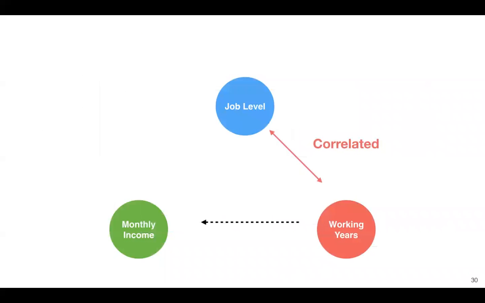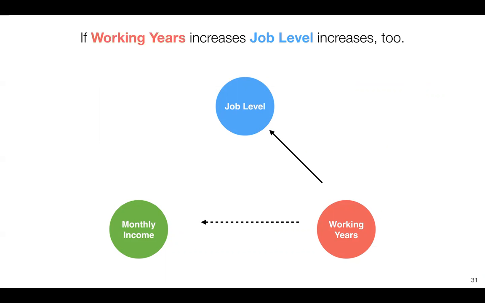So if you draw some kind of diagram, it becomes something like this, right? Working years, job level and monthly income, and job level and working years are correlated just like we saw. So when the working years increase, the job level increases too.